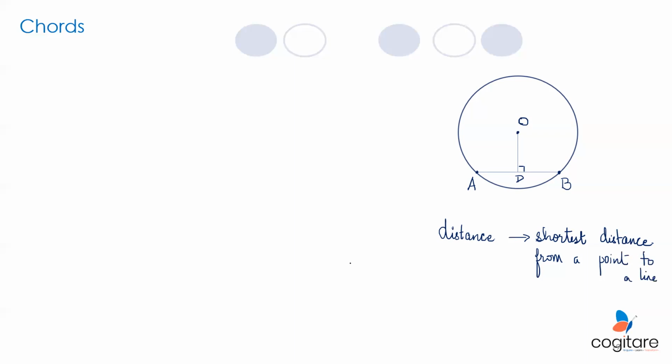So let's look at a scenario where we have a point C and we have a line segment ST. Now, of all the ways that you can connect this point to the line ST, there are many ways. Of all those ways, one will lead to the shortest distance between these two.